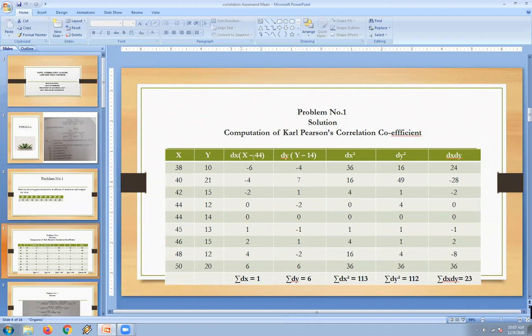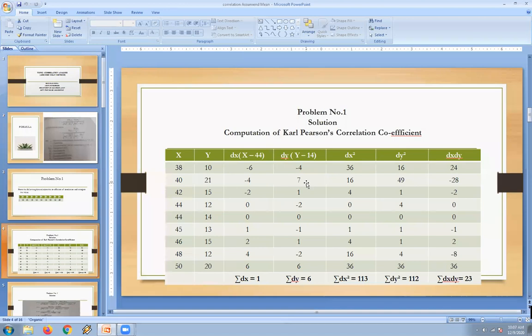Similarly, the way you calculated the deviation of x, in the same way calculate the deviation of y also. Deviation of y is nothing but y minus a. Among these y variables, any one value has to be considered as the assumed mean. Here we have taken 14. So 10 minus 14 is minus 4, 21 minus 14 is 7.